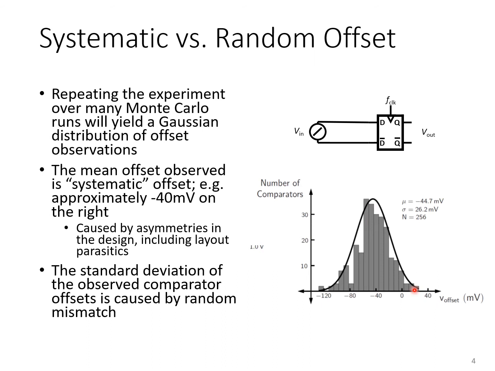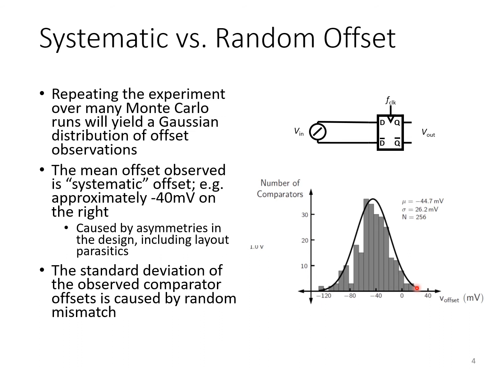And so here's an example set of results that you might get. This is actually taken from measurement results of a real CMOS comparator in 90 nanometer CMOS a long time ago. This comparator actually had a lot of offset on it, but that's good for the purposes of illustration because it's very clear.